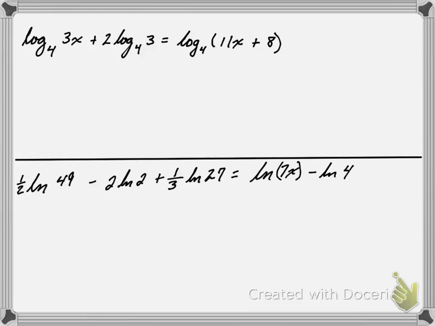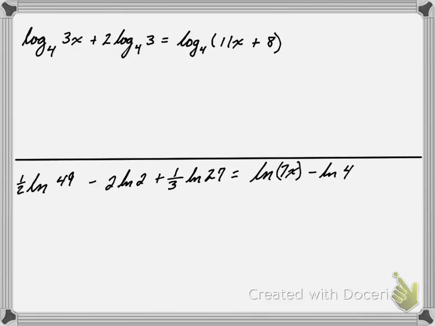This time it's a little bit different because we have logarithms on both sides of our equation. So like before, what we want to do is condense these two logs. Now remember, the first step to condensing is if we have a number in front of the log, we need to move it to the exponent.